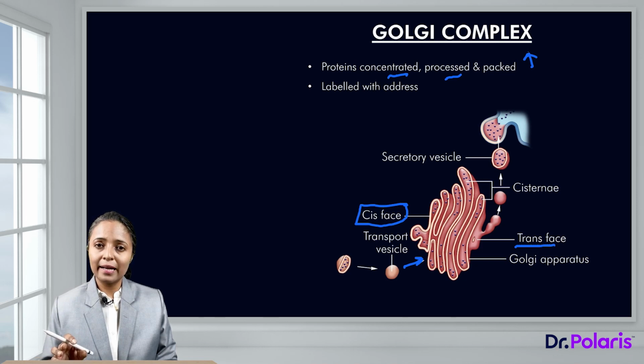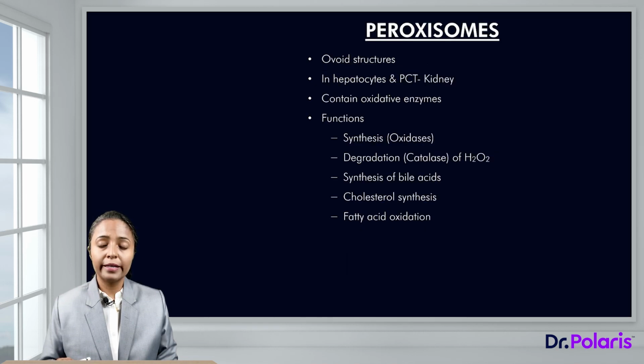So it's like the protein is labeled with an address, right? From the trans face, you see the vesicle comes out with the labeled protein and goes to the targeted place. So these are the functions of the Golgi complex. Next organelle is peroxisomes.